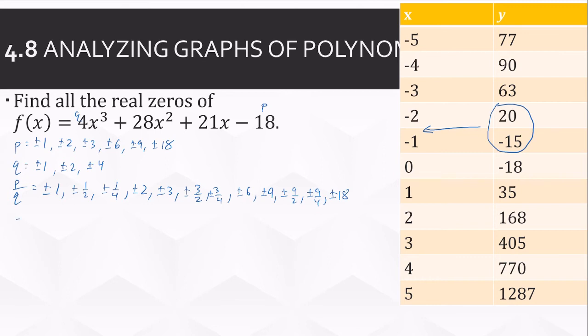So if I put -3 halves and do synthetic division, bring down the 4 and multiply, and I think you get -6. Add and multiply, I think you'll get -33.